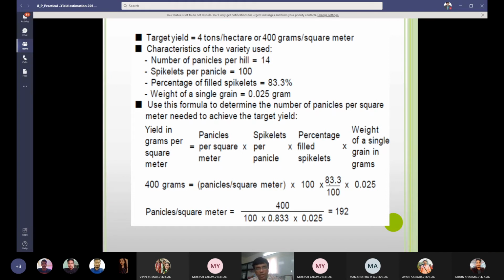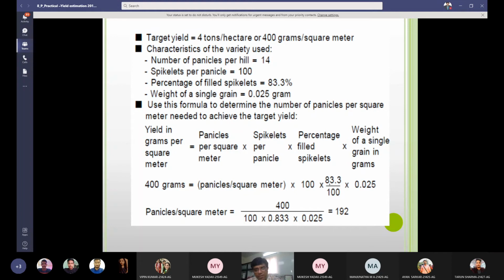So now you can put 400 grams. Panicles per square meter is not known to us, spikelets per panicle is 100, percentage filled spikelet is 83.3 by 100, and 0.025 is the weight. By putting all these values, now you can calculate the unknown parameter, which is panicles per square meter.